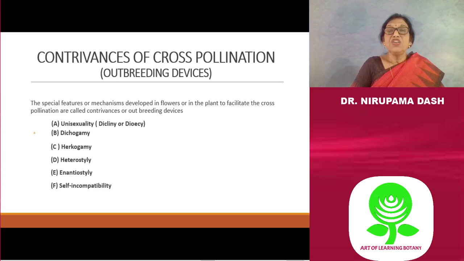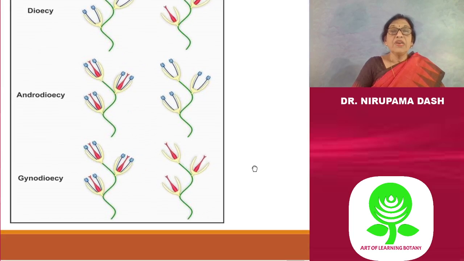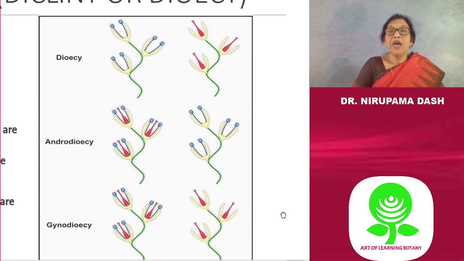And these are unisexuality, dicliny or dioecy, dichogamy, herkogamy, heterostyly, enantiostyly, and cell incompatibility. Now let me discuss unisexuality. In unisexuality, some flowers show a unisexual condition: only stamens are present and pistils are absent. This is called a staminate flower.